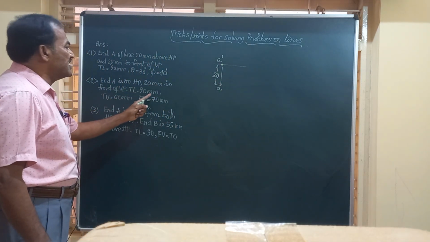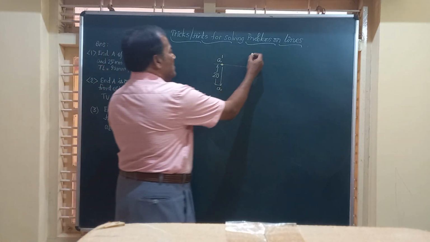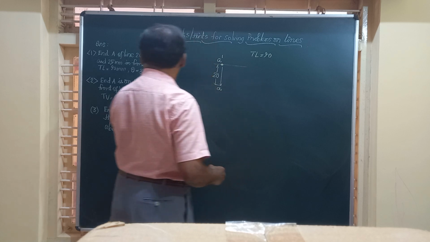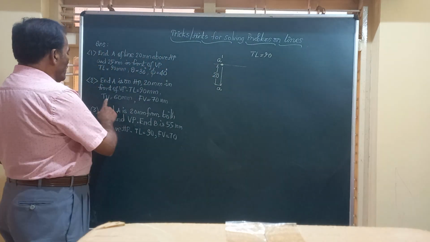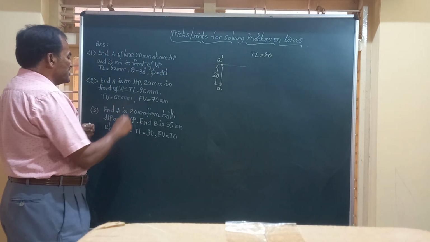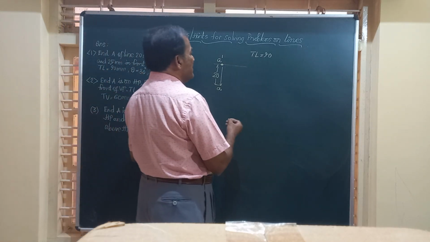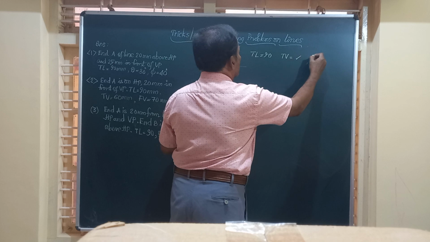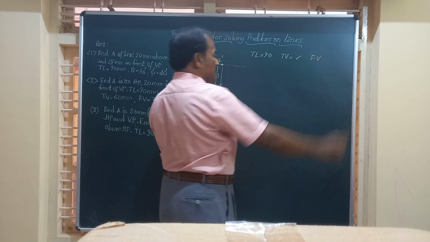The true length of the line is 90. So TL is equal to 90 and top view is 60, front view is 70. Top view is given and front view is given.